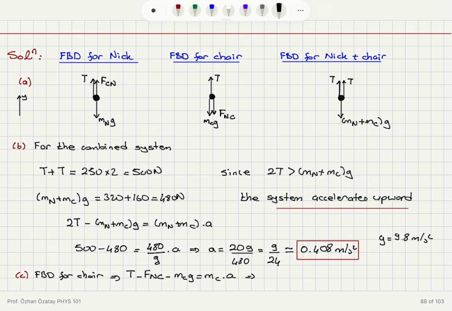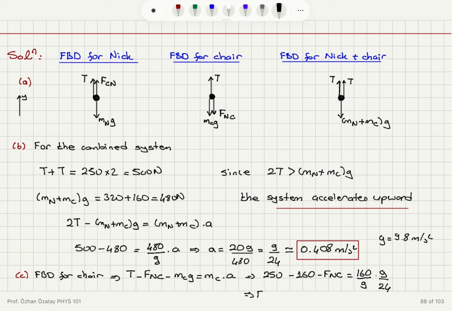So this is going to be 250 newtons tension minus 160 newtons weight of the chair minus the force Nick exerts on the chair is equal to its mass, 160 divided by g, mg equals 160, multiplied by acceleration. Acceleration was g divided by 24.